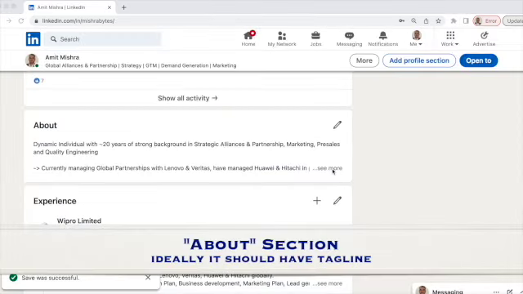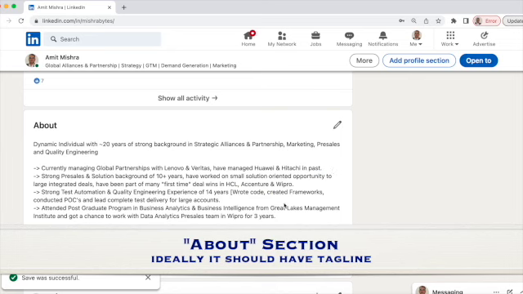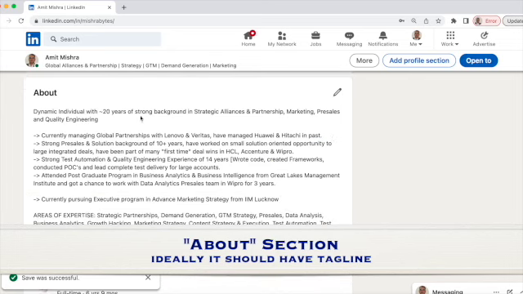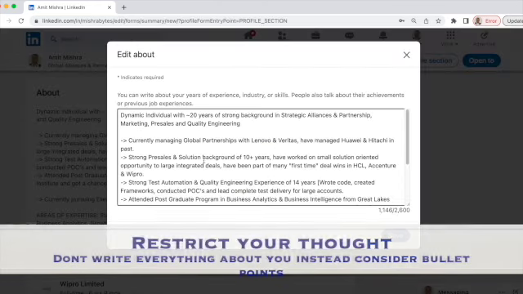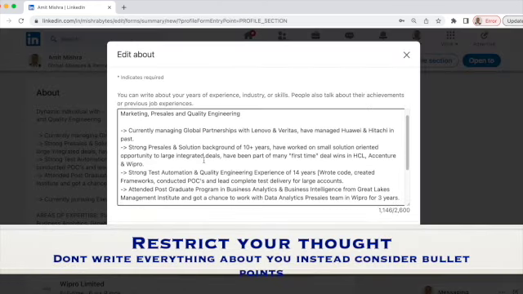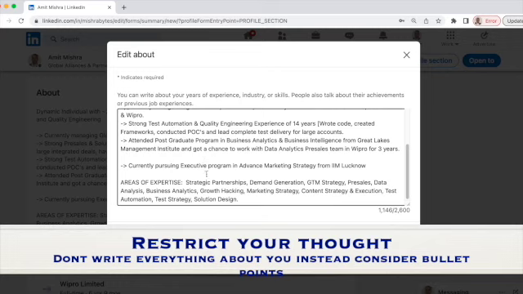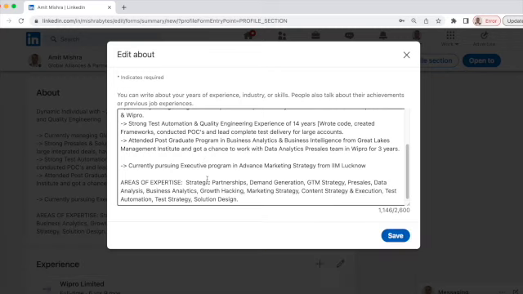The third point I'm going to talk about here is a brief introduction about you. This is a very important area. When you look at a profile, you first understand where he is working and what kind of skill set he brings, and then you understand from the brief summary if he has summarized everything in one bucket or not.